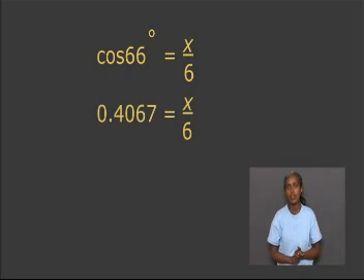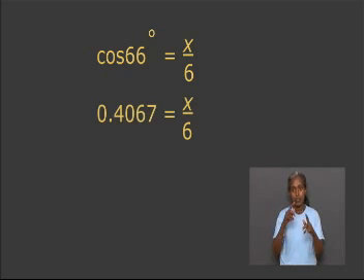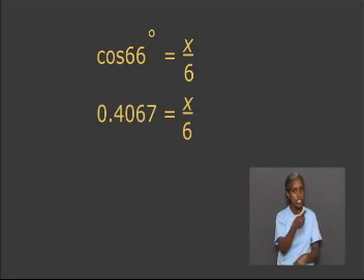A glance at our tables tells us that cosine 66 equals about 0.4067. In order to solve for x, we must multiply each side of the equation by 6.